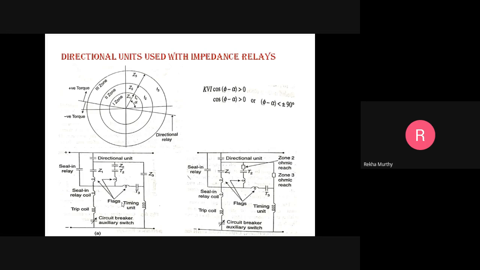And now we have learned why we use the directional units from this session. In the next session, we will discuss in detail these two circuits, as well as the protection schemes which you are going to employ with the impedance relays. So that we are going to discuss.